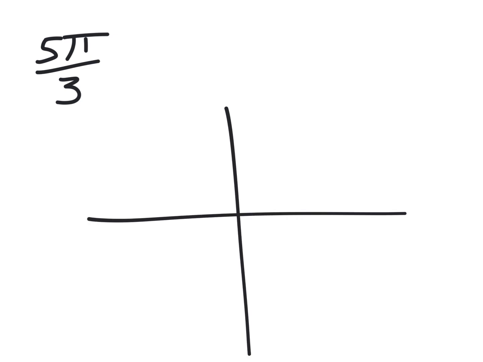Okay, absolutely. So let's do 5 pi over 3. Make a reference triangle. So first of all, figure out where pi is, then figure out where 1 pi over 3 is. Count it up. And then make me a reference triangle for 5 pi over 3.